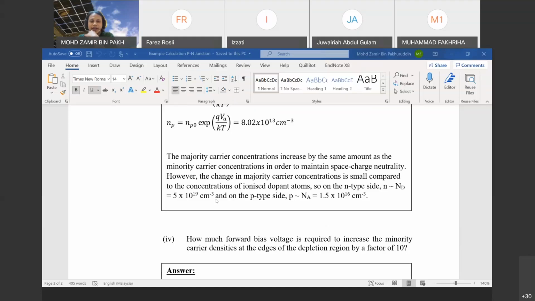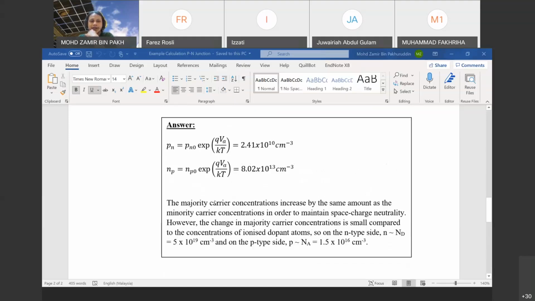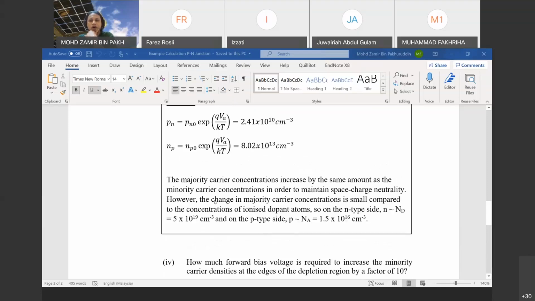You have to use the same equation, but now Pn over Pn naught. You can manipulate the equation: Pn equals Pn naught times exponential of qV over kT. So you can rewrite this equation as Pn over Pn naught equals the exponential component, right?